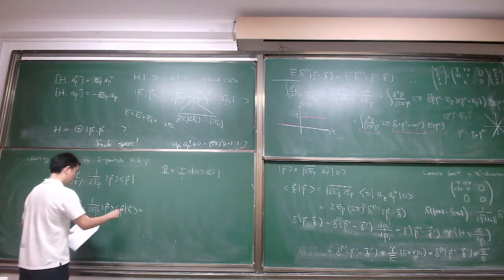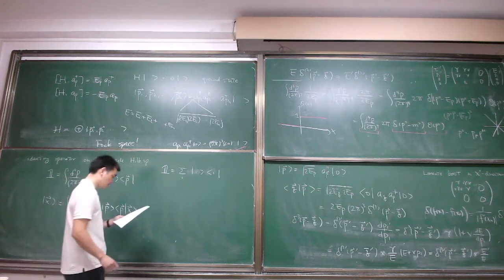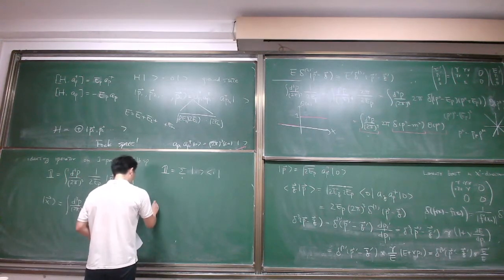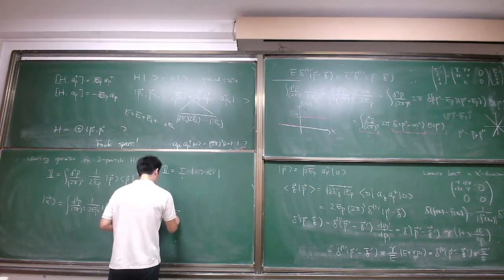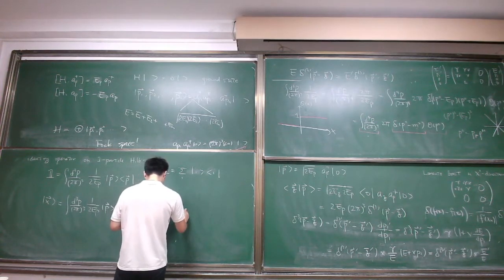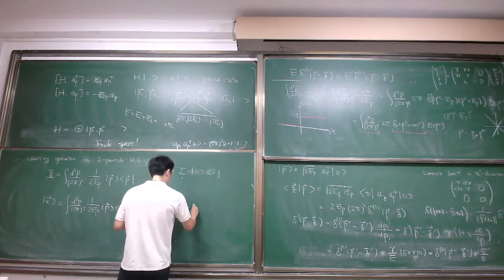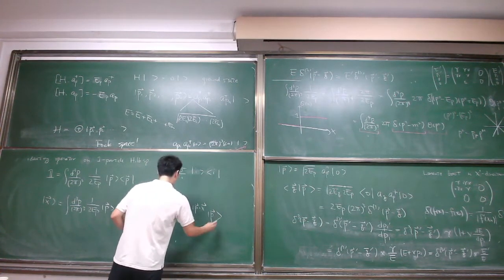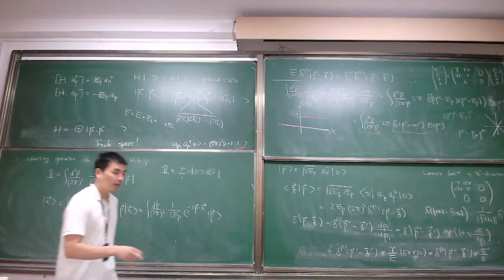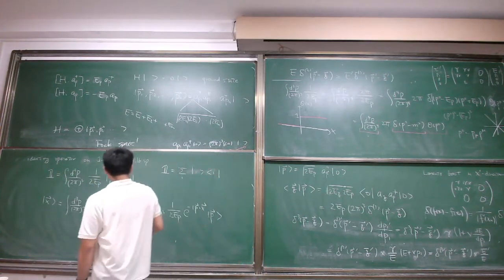By definition, this is e to the minus i P dot X. This is usual quantum mechanics.